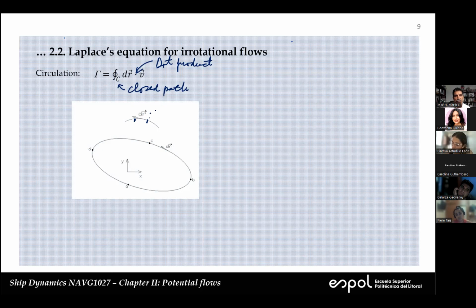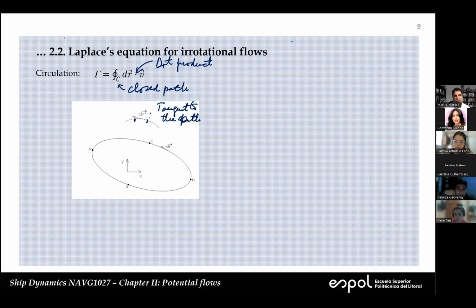So dr is a vector which is tangent to the path. And you see that I draw it tangent. So the length is the amplitude of this vector, and the direction is tangent to the path. So that's this vector. And the other is, of course, the velocity.